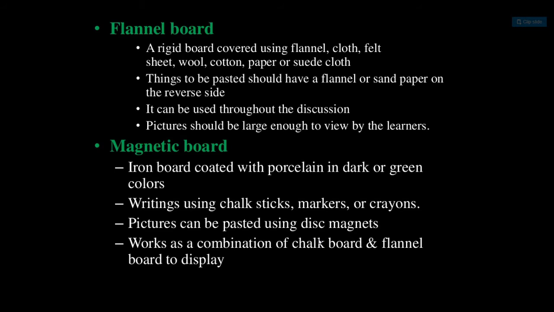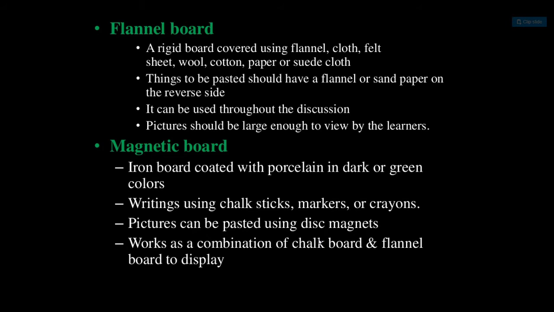Next is flannel board, a rigid board covered using flannel, cloth, felt sheet, wool, cotton, paper or suede cloth. Things to be pasted should have a flannel or sandpaper on the reverse side. It can be used throughout the discussion. Pictures should be large enough to be viewed by the learners.